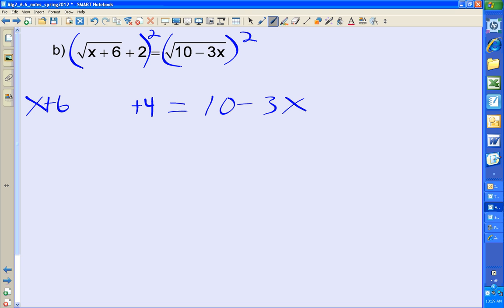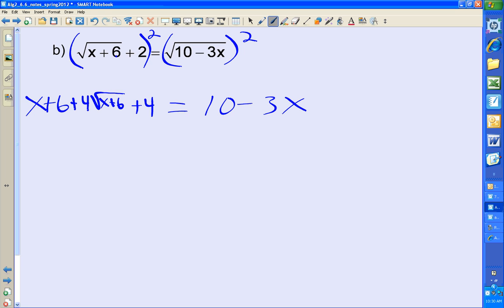The problem is when you do the middle, it's twice the product. So it's twice the radical times 2, which is going to be plus 4 times radical x plus 6. Square the first, easy. Square the last, easy. Twice the product, not so pretty. Square the first. The first term is root x plus 6. You get x plus 6.